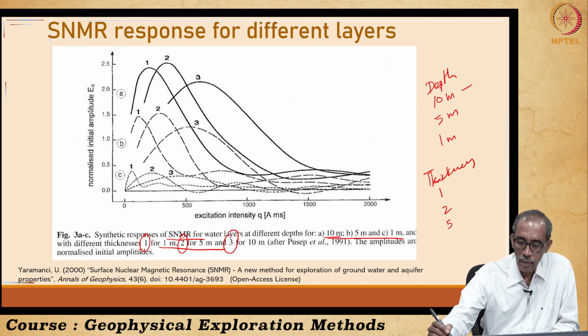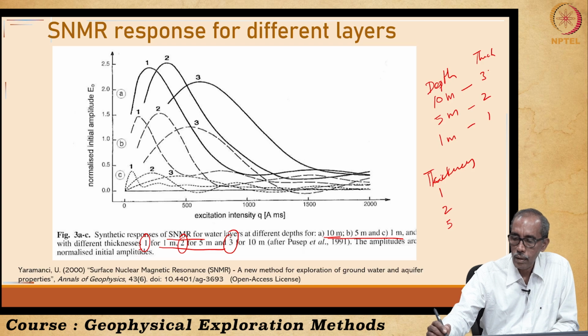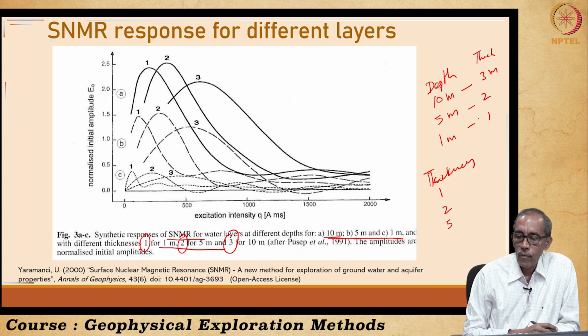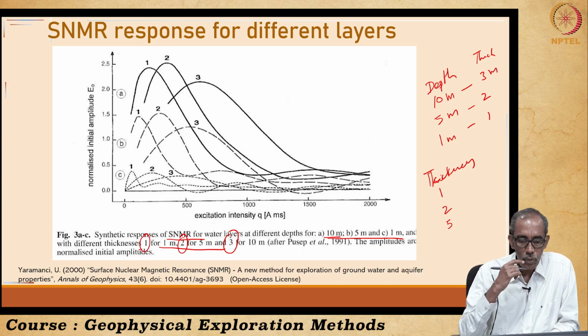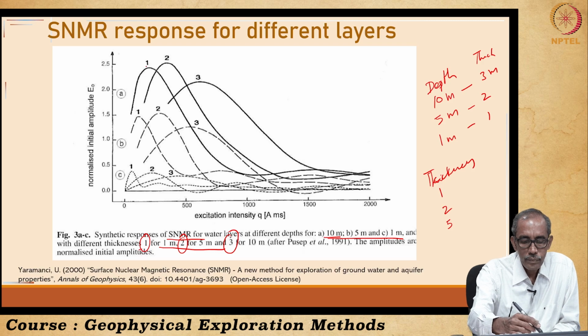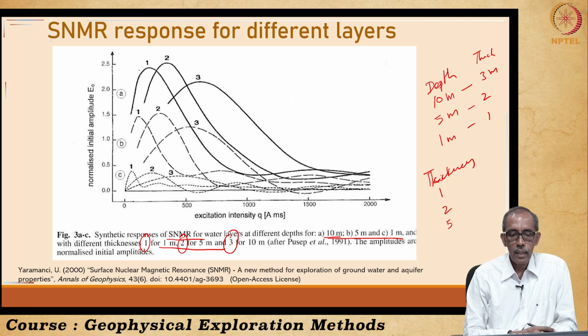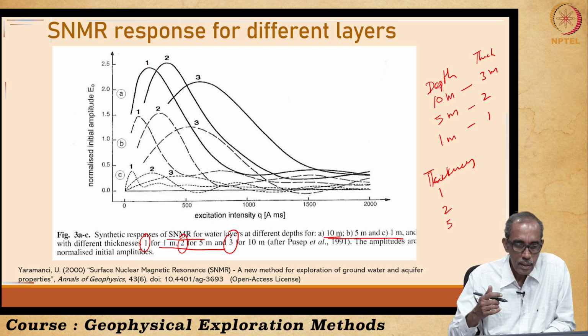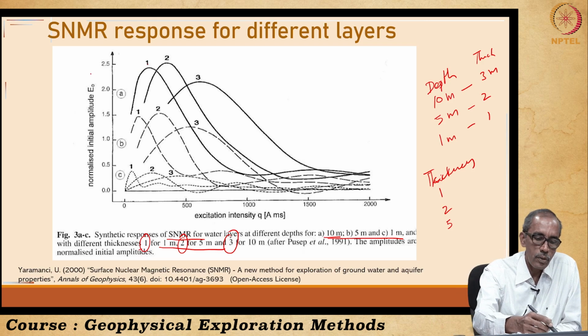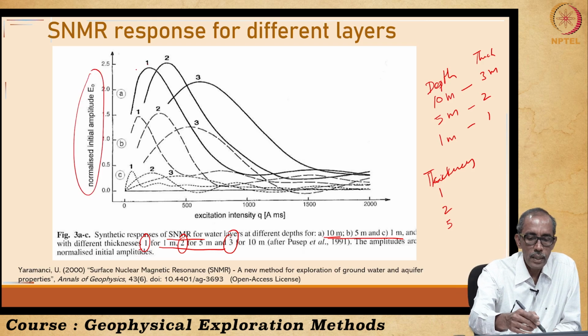Here is the thickness: 3 for 10 meters, for 5 it is 2, for 1 it was 1 meter. What will be the response? If you look at the first one, that is 1, we have assumed a layer which is leading to an amplitude of this much.